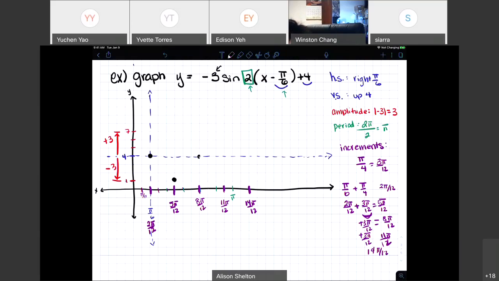Then at 8 pi over 12, we're back at the midline. At 11 pi over 12, we're at the top. And at 14 pi over 12, we're back at the midline. And that's what you got. That's our graph of -3 sine of 2 times x minus pi over 6 plus 4.